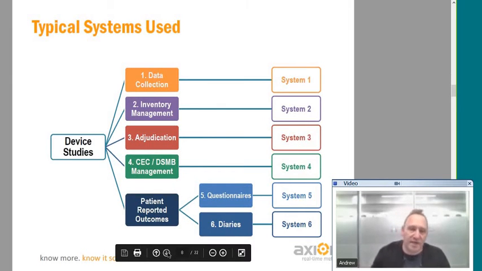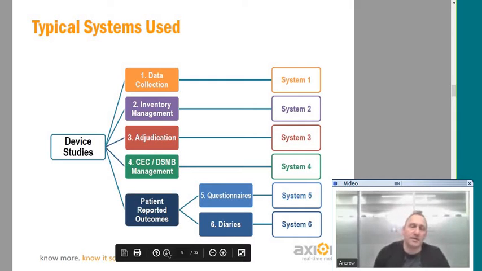In the typical fashion of running a device study, these brackets that we're referring to are very often in independent platforms, which means your teams are spending an enormous amount of time getting access to data, coalescing this information, being able to look at reports across multiple systems, and you can obviously have upwards of 6 logins that you're grabbing to be able to manage the study.